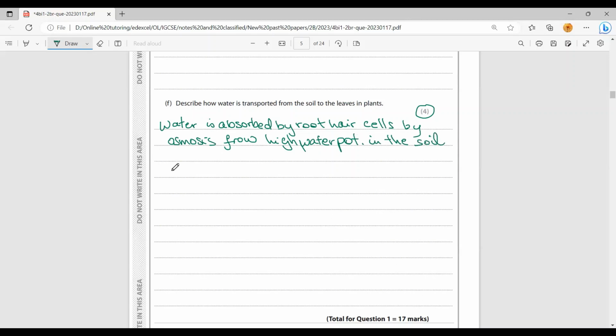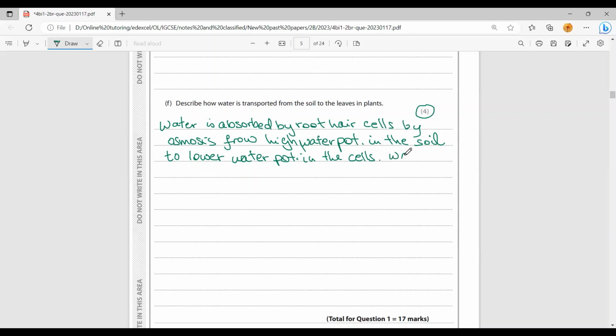Question عليه 4 marks. To lower water potential in the cells. Okay, يبقى كده خلاص the water entered. ممكن أكمل أقول down water potential gradient, لكن for this question I'd rather to complete, يعني عشان أكمل الأنسر بتاعتي.